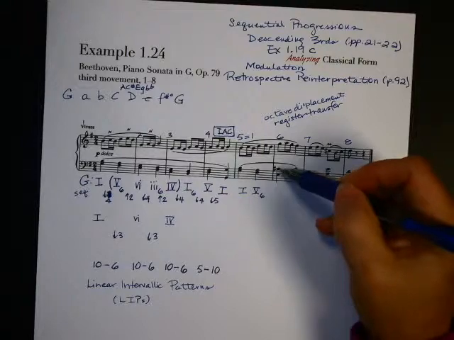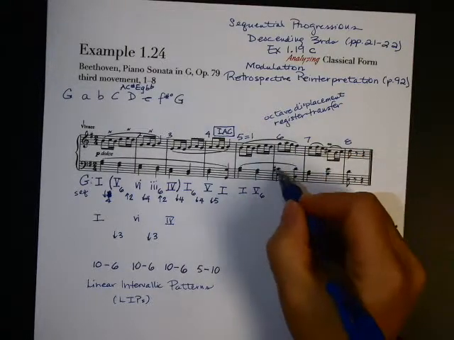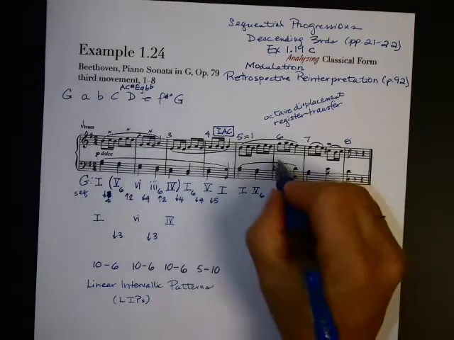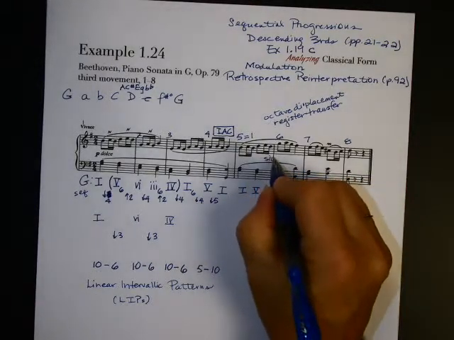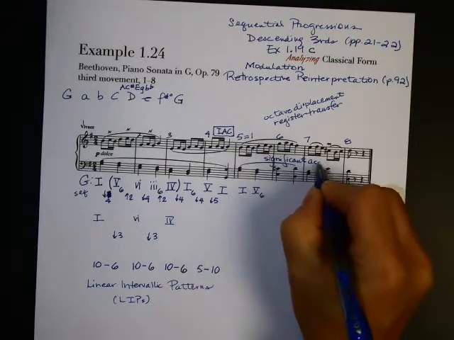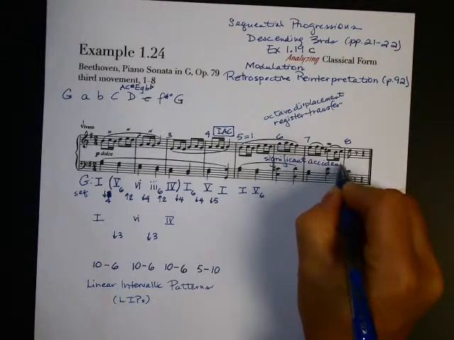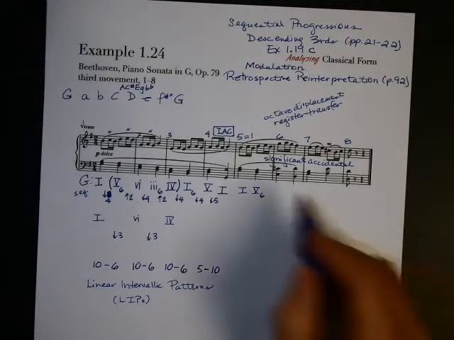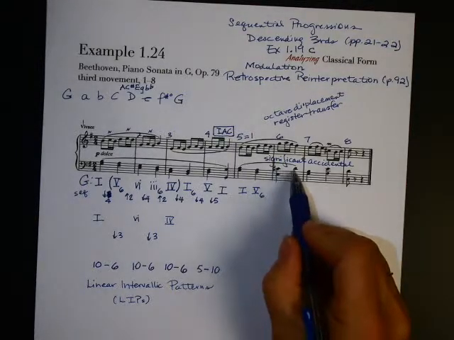That downbeat of measure 6 is the location of what is known as the significant accidental. The significant accidental is most often the leading tone to the new tonic. C sharp is the leading tone to D. We're modulating to D major.